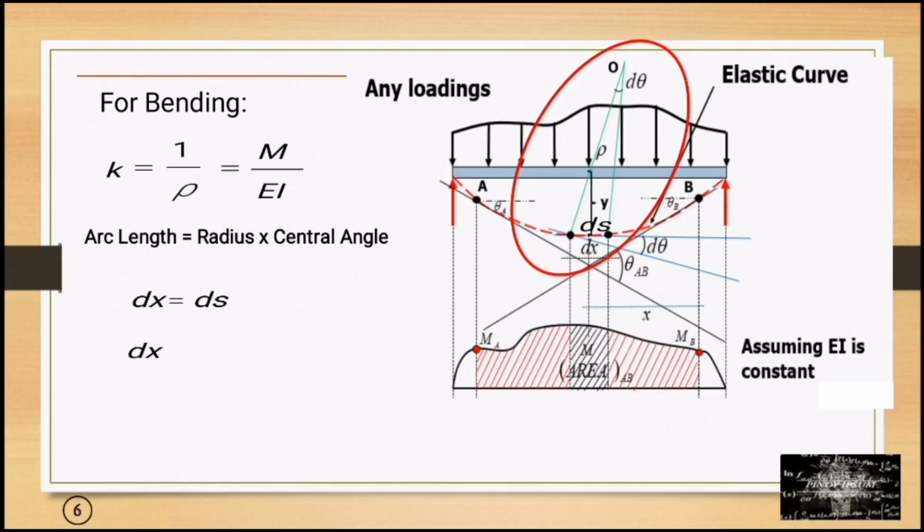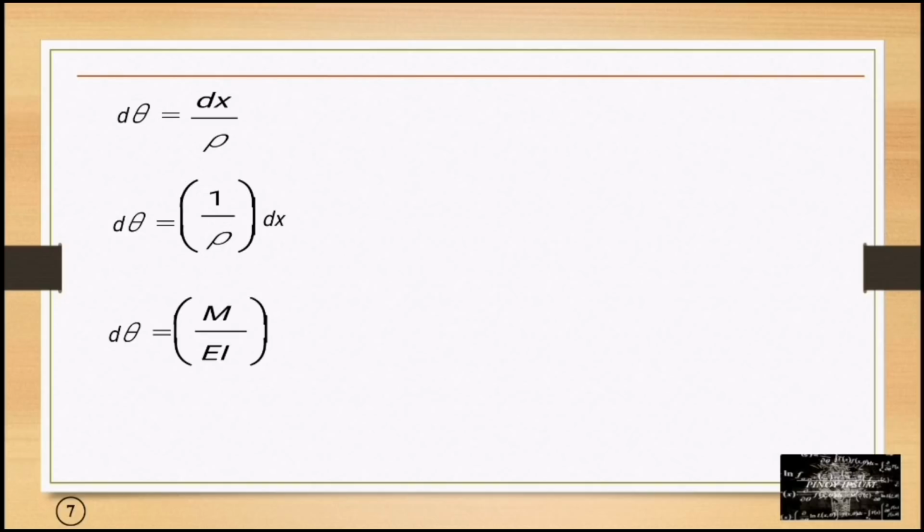So dx is equal to rho, the radius of curvature, times the central angle, d theta. d theta is equal to dx over rho. So d theta is equal to 1 over rho times dx, which is equal to M over EI times dx. d theta is equal to 1 over EI times M times dx.